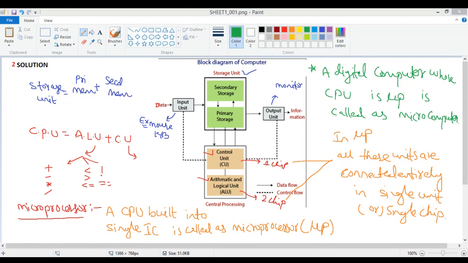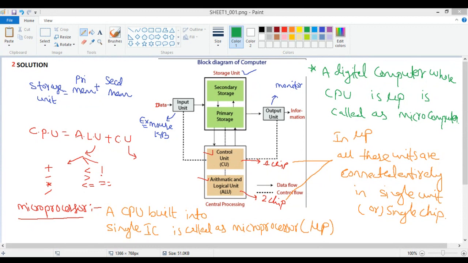Clear. Okay. Now, I want some response from you. I'll display a multiple choice question. Give me the polling now. One question is appearing on the screen, so please, all of you answer.